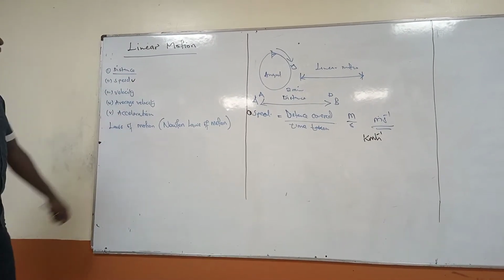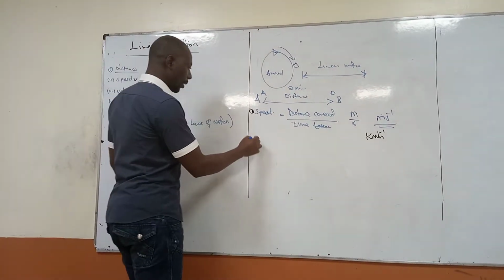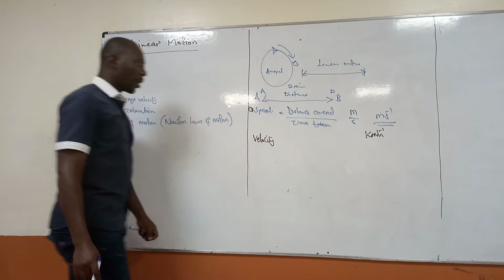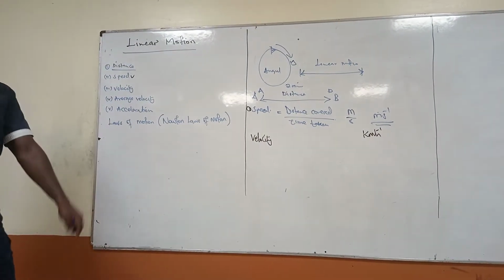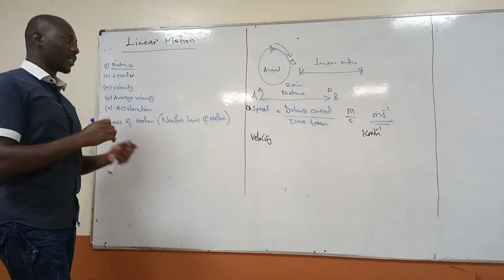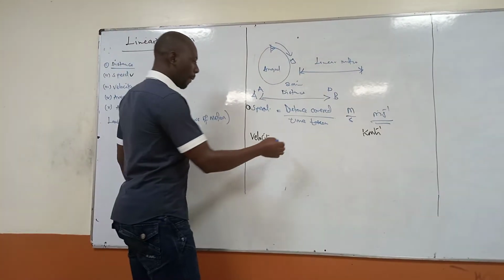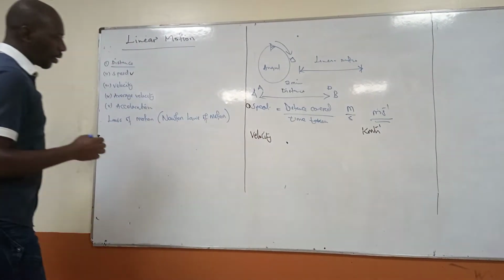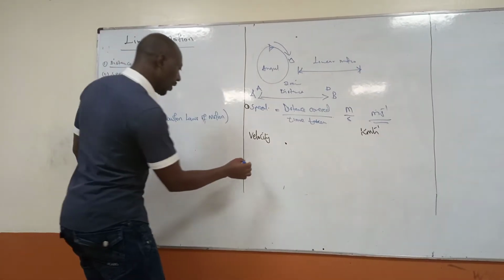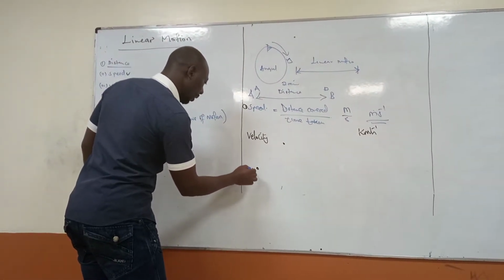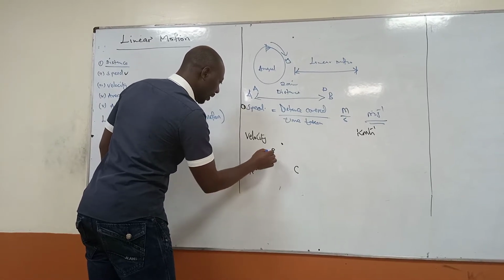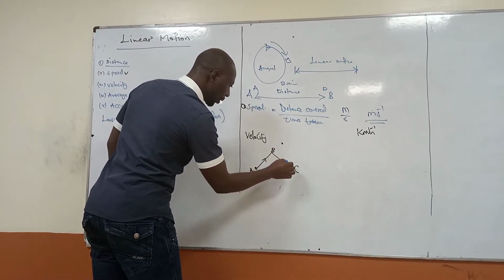Another term here is called velocity. What is velocity? Velocity is more or less the same as speed, but a little bit different. For example, if you have got a body moving from point A to point B to point C, it moves along this direction to this point.